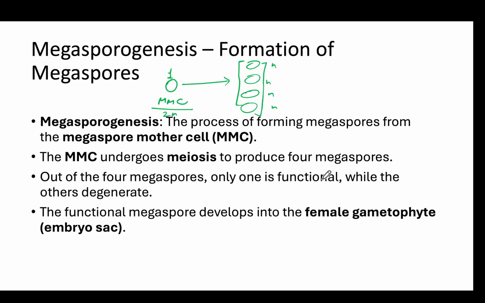Out of these 4 cells, 3 cells degenerate, and only 1 cell will remain functional. So 3 cells will go through degeneration, and only 1 cell will become active. This 1 cell will ultimately function as a megaspore and develop into the female gametophyte. Clear? Very simple, right?